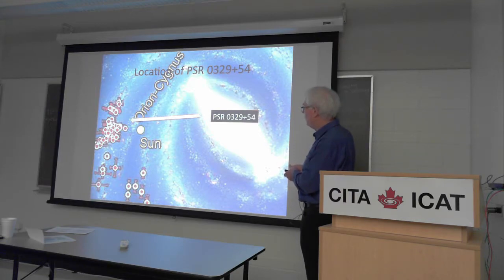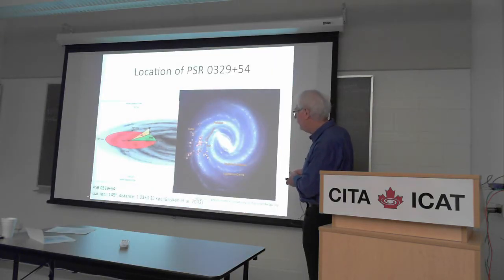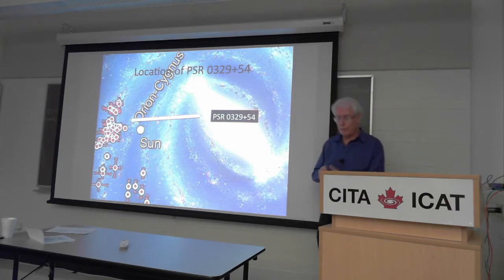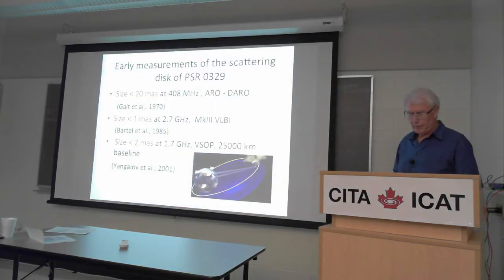It's at 145 degrees longitude, so we go in this direction, 1 kiloparsec, and we get right to there, in the enlarged image. Quite interestingly, when we observe the pulsar, we're looking through this intermediate spiral arm. So from that point of view, it's quite interesting to observe this pulsar.